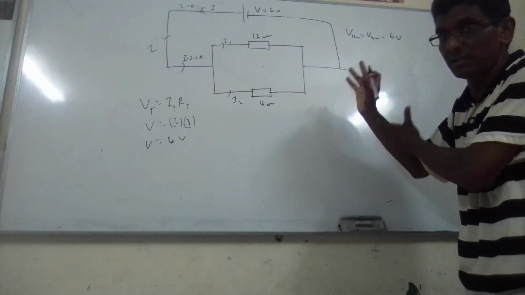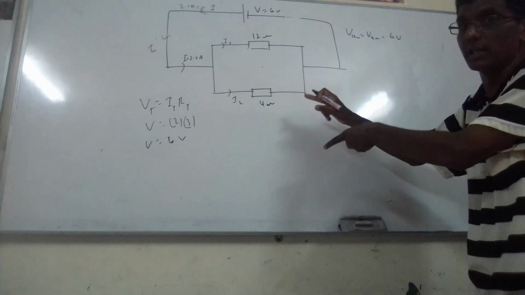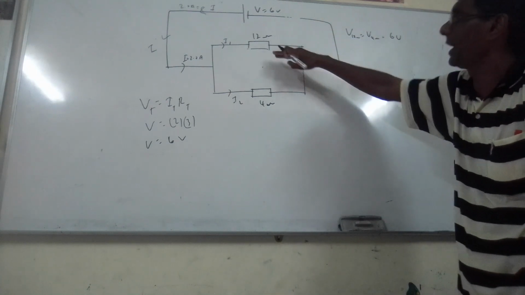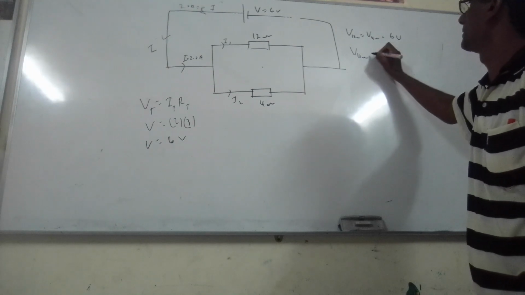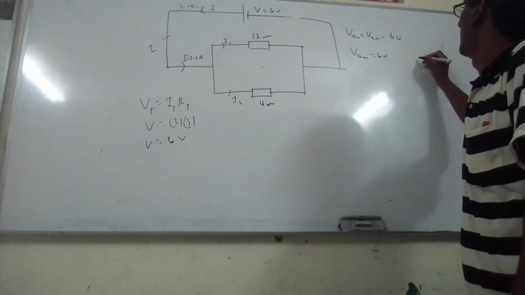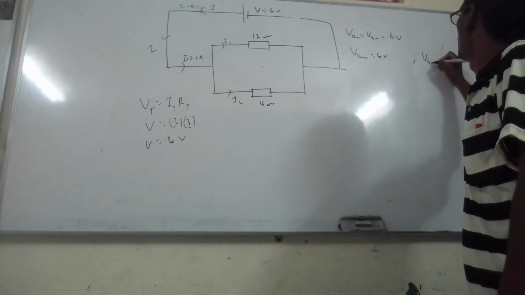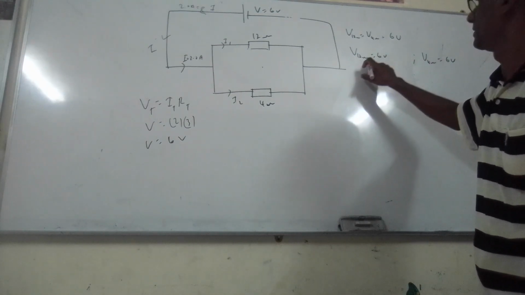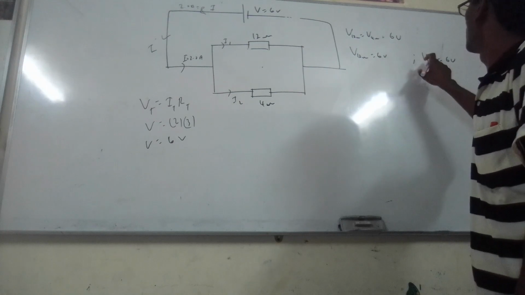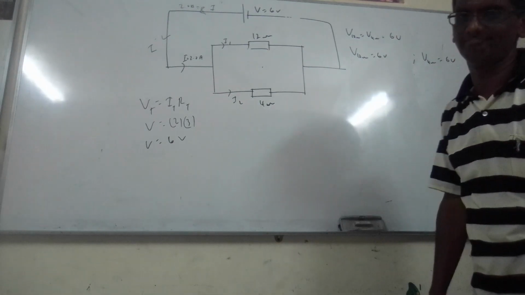Combined means series and parallel together. So the voltage across the 12 ohm is 6 volt and across the 4 ohm is 6 volt.